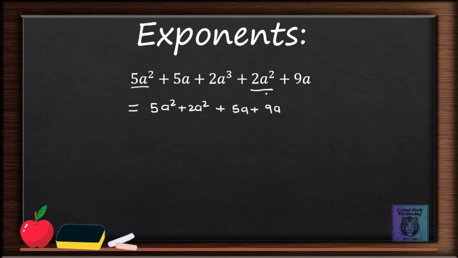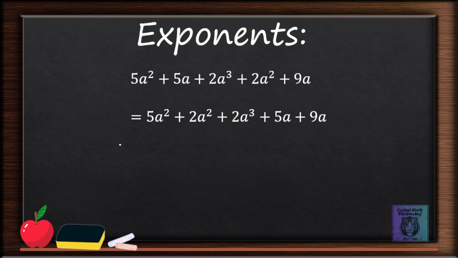See, I'm moving that 9a there. And remember the little a to the power of 3. Now we can go and add that together. So that would be 7a squared plus the 2a to the power of 3 plus 14a.